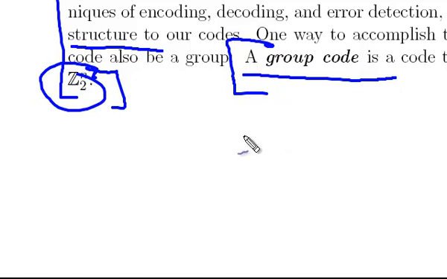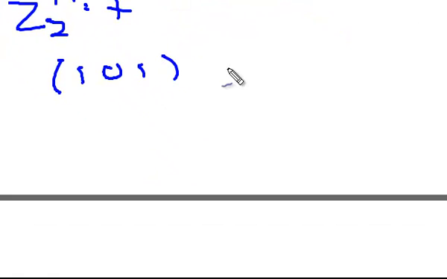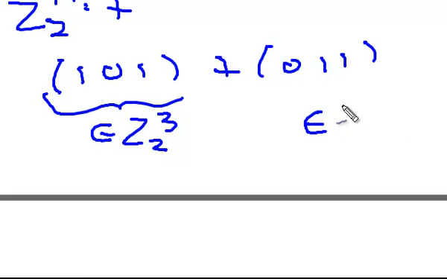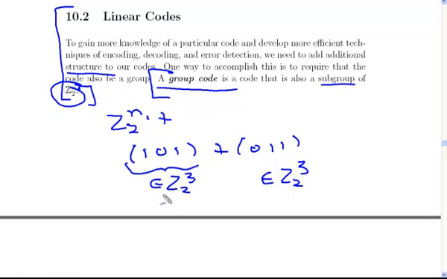Now, what's the operation of Z2^n? Z2^n has the operation plus. For instance, I can take 1, 0, 1 plus 0, 1, 1. This thing here is an element of Z2^3. This is also an element of Z2^3. Of course, if you're going to add two code words, they must be in the same space. So these are both in the same space.